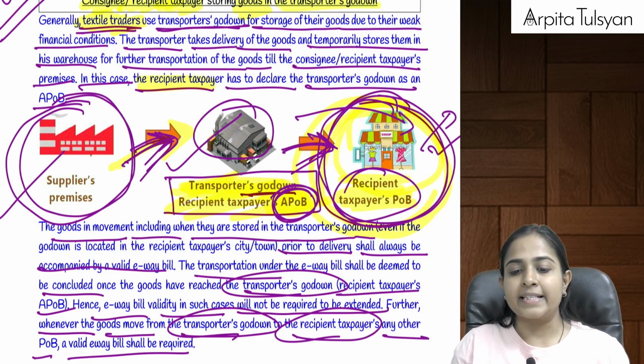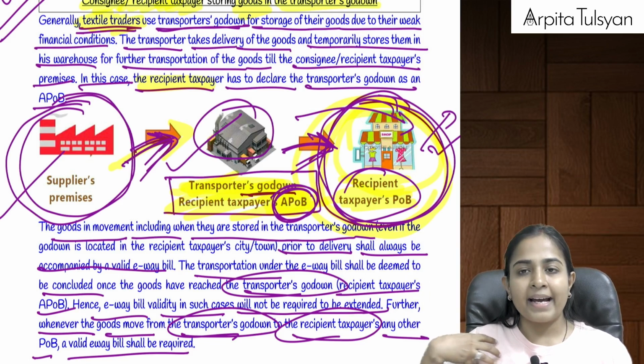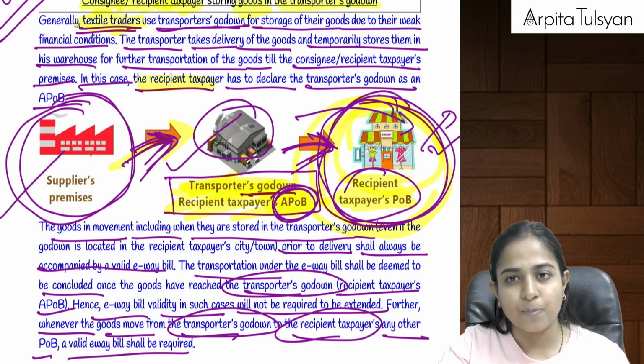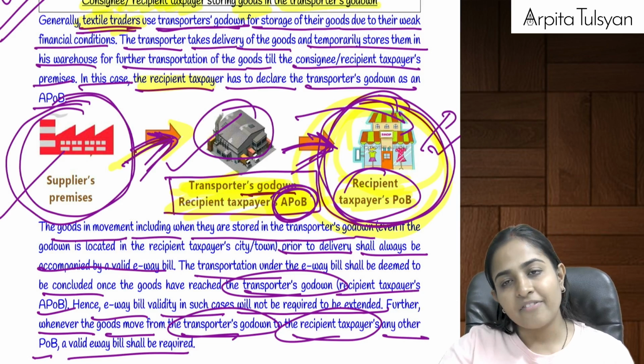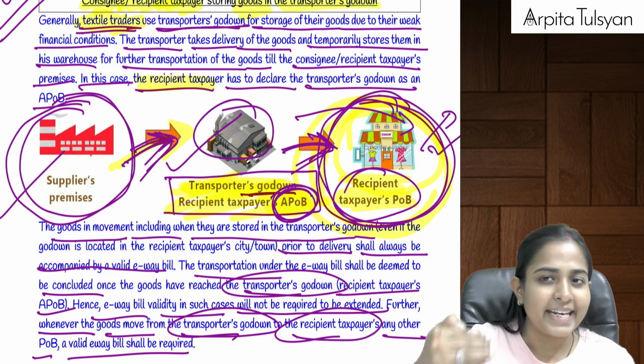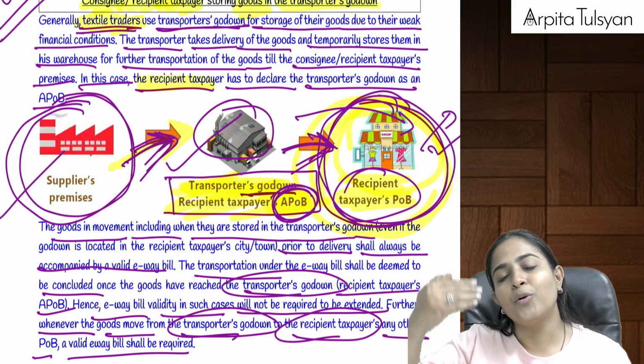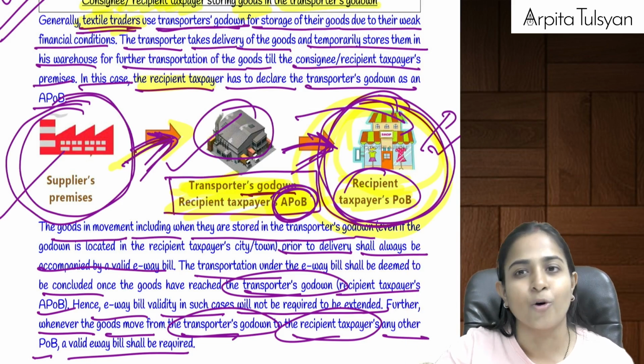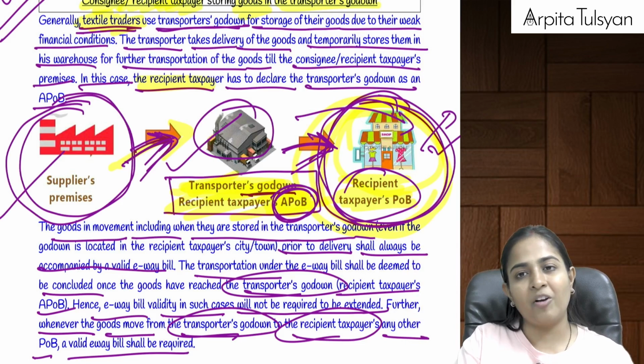In this case, first the supplier will hand it over to the transporter. The supplier's work is done when he hands it over to the transporter, and for that purpose there will be a valid e-way bill, because now the goods are going only till the transporter's godown. Till there only your e-way bill will be valid.